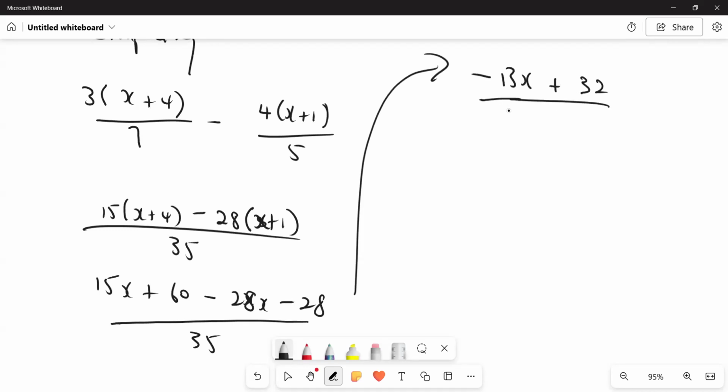All over 35. I hope my arithmetic is correct. And this doesn't look nice. So what we'll do, write 32 minus 13x over 35. Right, that looks nicer.